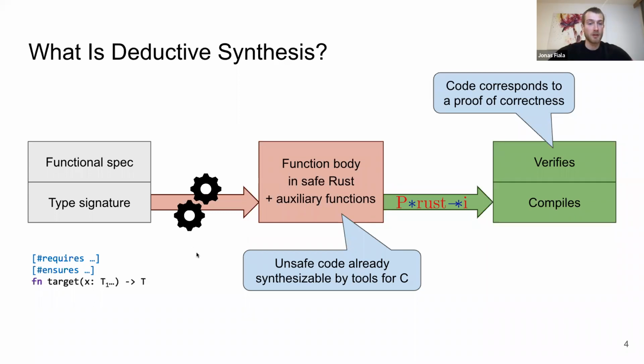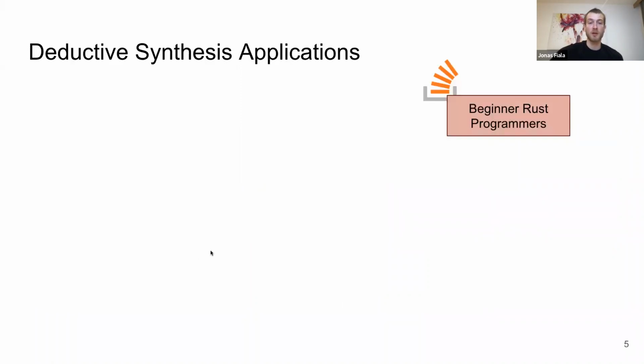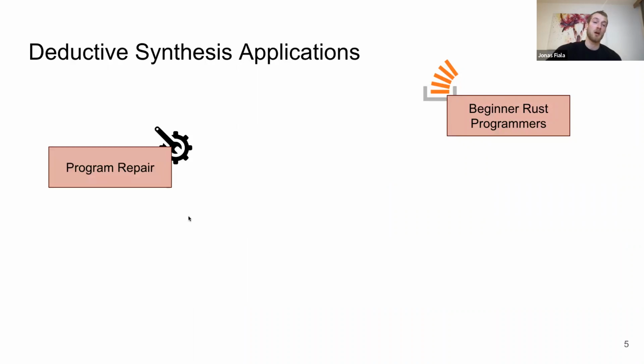Now let's take a look at some ways we can use this tool. As we already saw, we could use it for helping out beginners, where if they are struggling with the Rust type system and can't get the borrow checker to work, they can use a synthesis tool to help them find the correct solution. But it's not only useful for beginners. One thing we can use it for is to fix issues in existing programs.